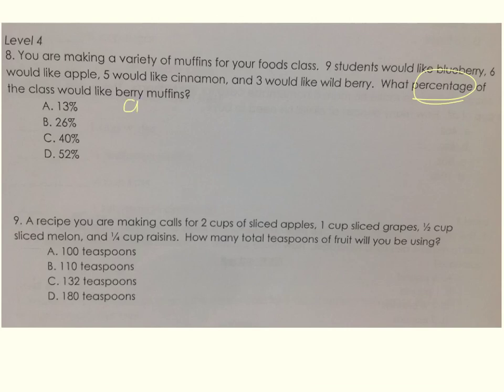Well, we have 9 students plus 6 students plus 5 plus 3, because first we need to figure out the overall total number of students in the class. And we get 23 students. Now, if we are looking at how many of them would like a berry muffin of some sort, we have 9 that would like blueberry and 3 that would like wild berry.